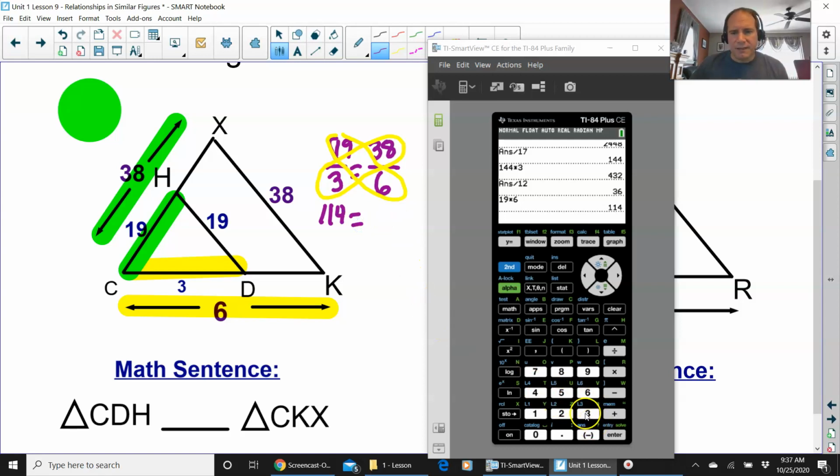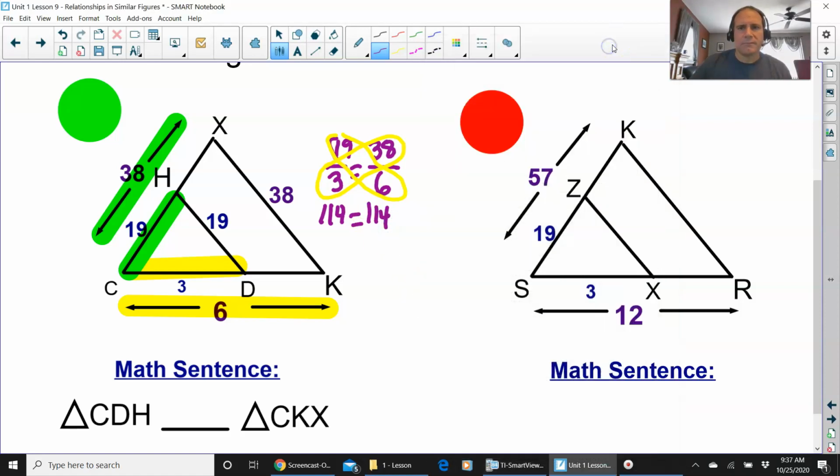If 3 times 38 is the same thing, it is. These are similar. Cross products are equal.